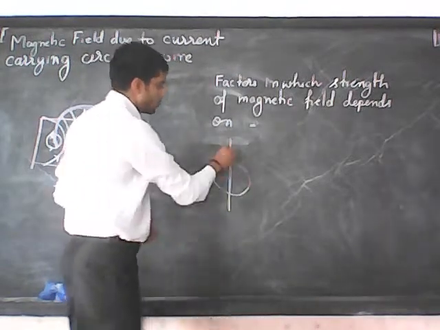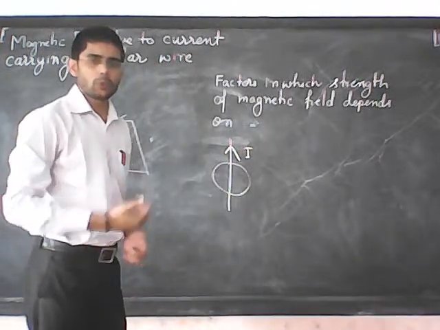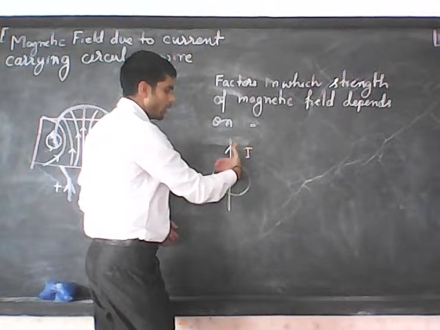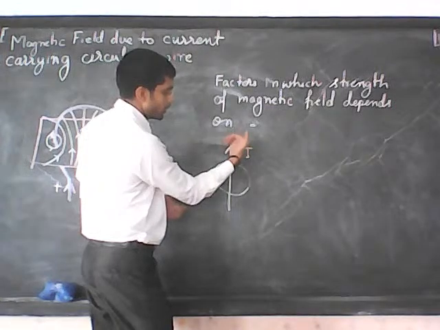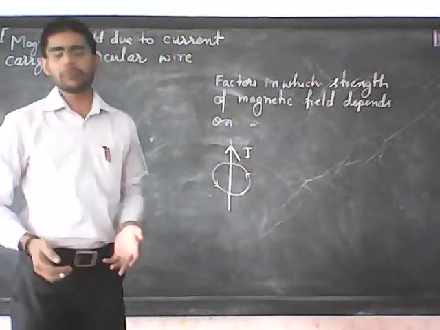If current is moving in upward direction, the direction of magnetic field will be along the direction of the curled finger. Here you can see my curled finger is in anti-clockwise direction.